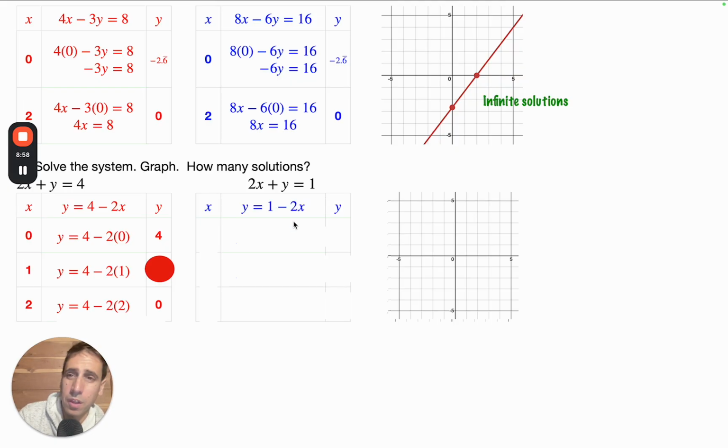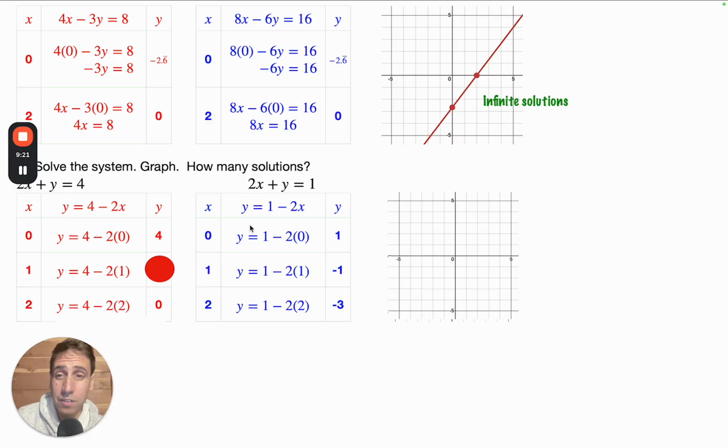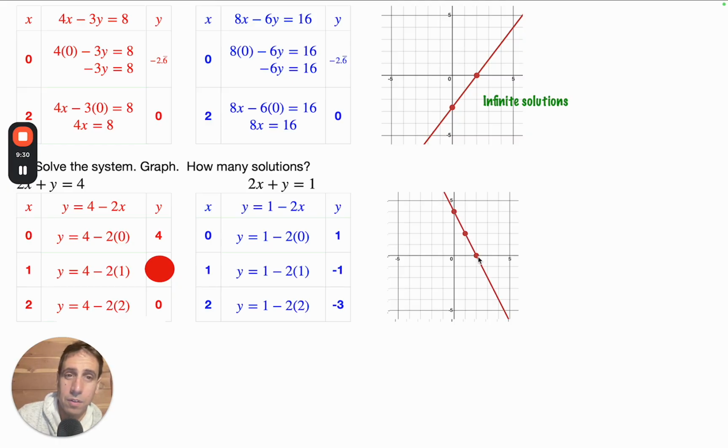Subtracting 2x from both sides, I get that, and I'll do a 0, 1, 2 table. Plugging 0 in for x, you get 1 minus 2 times 0, which is 1. Then 2 times 1 is 2, so 1 minus 2 is negative 1. 2 times 2 is 4. 1 minus 4 is negative 3. If you plot all the red dots and all the blue dots, the red dots look like this: (0, 4), (1, what's under the red dot), and (2, 0).